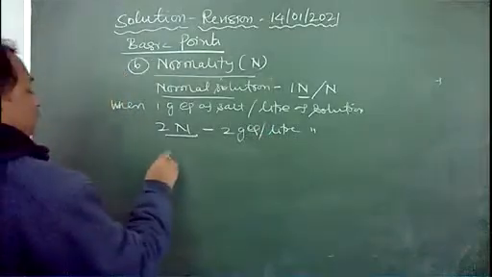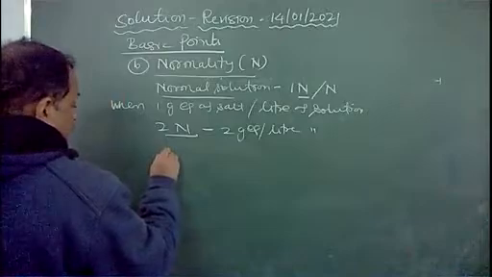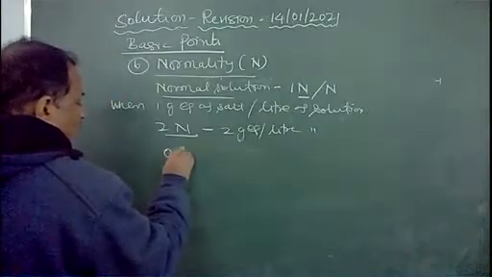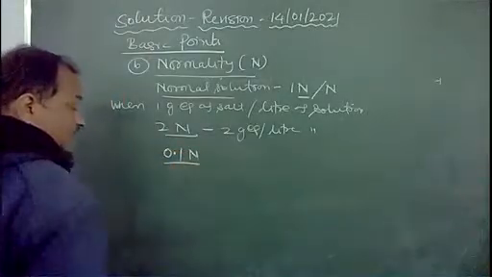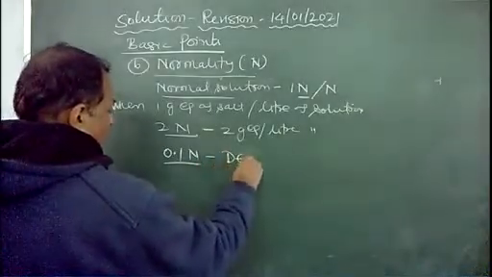Now the other point, 0.1N. It is called decinormal, or 1 by 10 N. Both are the same.